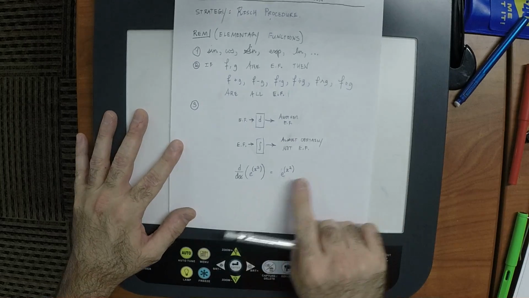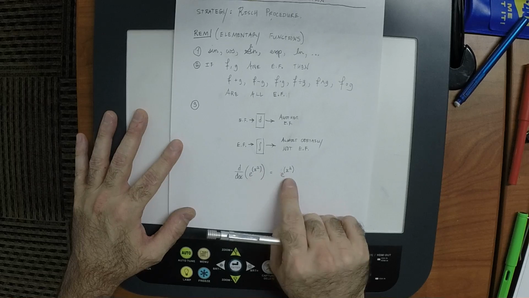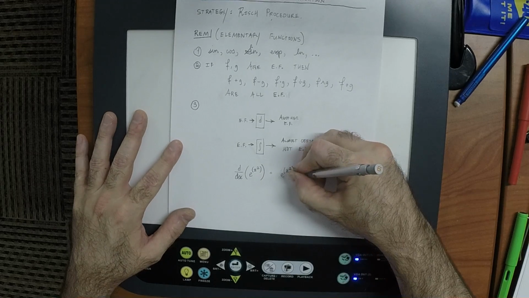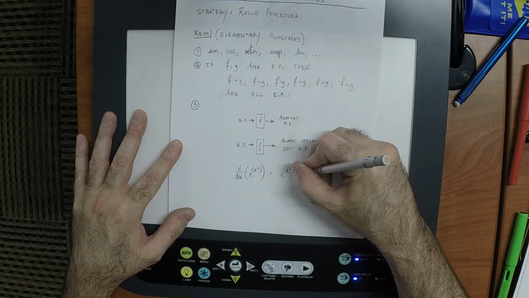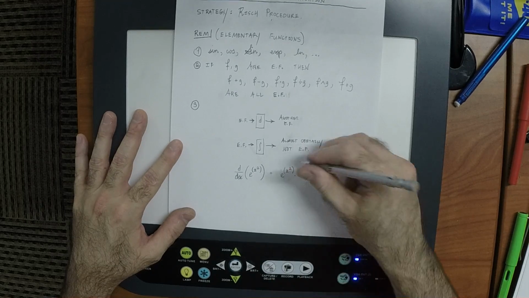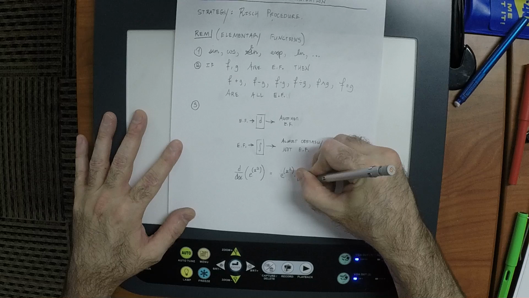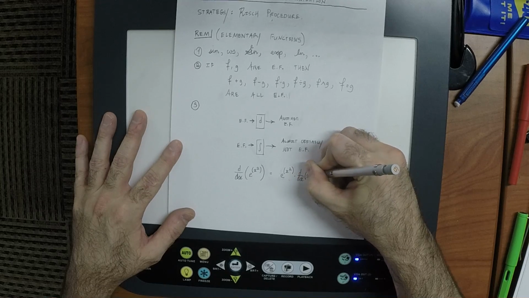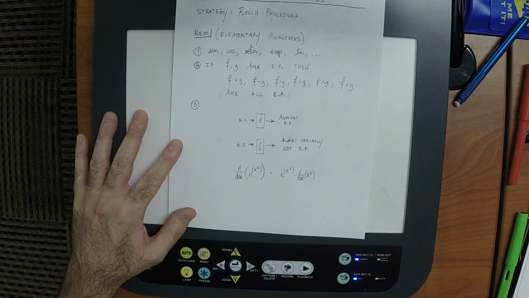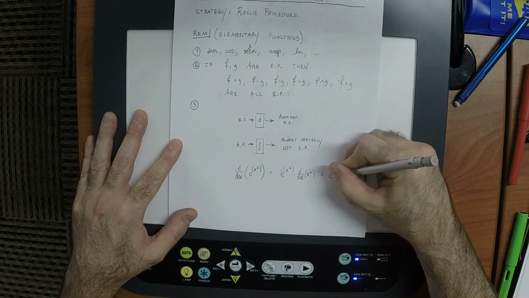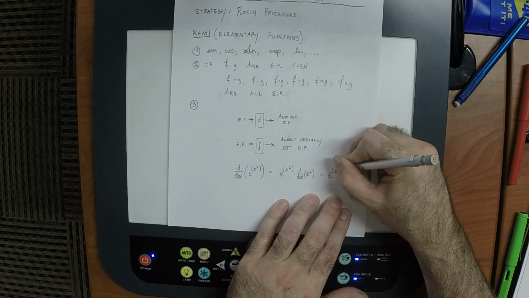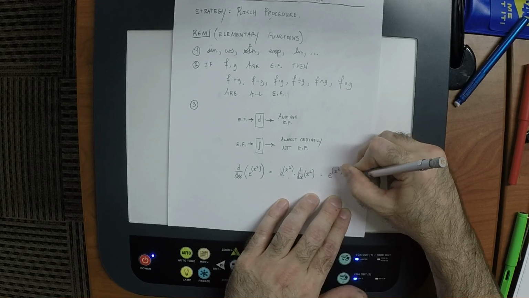Now, if that x squared were exactly x, we'd be finished. But it's not. So to include what the x squared does, now we have to multiply by the derivative of x squared. And what's the derivative of x squared? 2x. So exponential of x squared, and then multiply 2x.